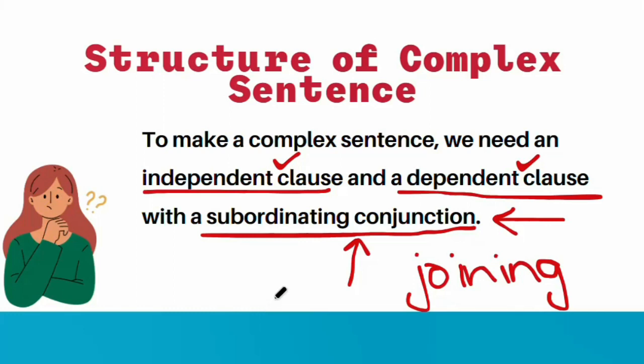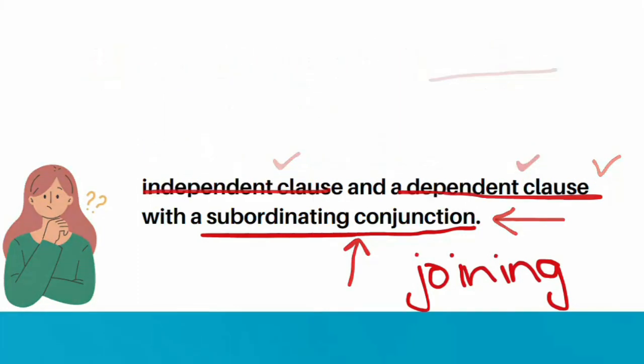Right now, I'm just telling you that conjunctions are joining words, and subordinating conjunctions are especially for complex sentences, because in dependent clauses, we need a subordinating conjunction to begin it. Or you can say that dependent clauses begin with subordinating conjunctions.